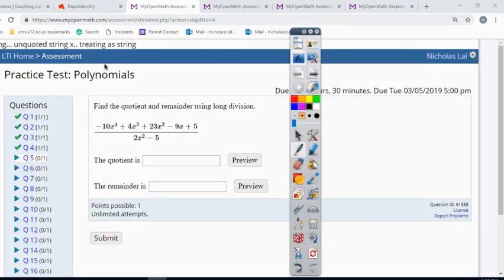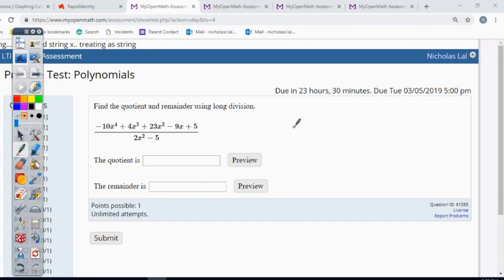So let's break out our long division. We have negative 10x to the 4th plus 4x cubed plus 23x squared minus 9x plus 5, and we are dividing by 2x squared minus 5.